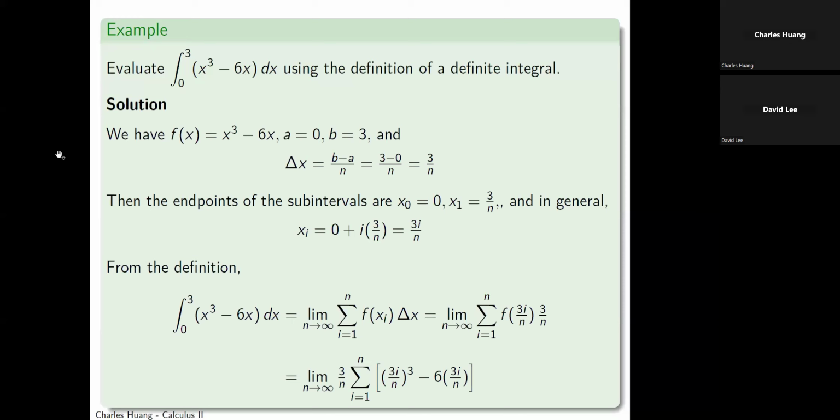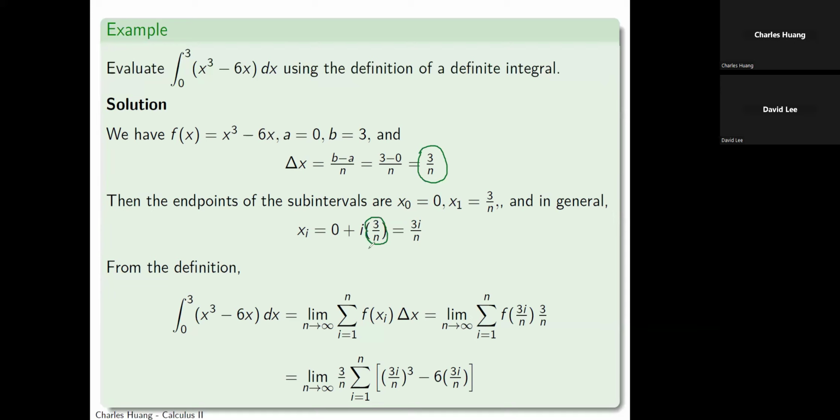If you look carefully here, the first step is very similar, but instead of 6 rectangles and 3 divided by 6, we're going to have 3 divided by n. Instead of being able to label all the points, like half and 1 and 1.5 and 2 and 2.5, we are only able to take the 3 over n.